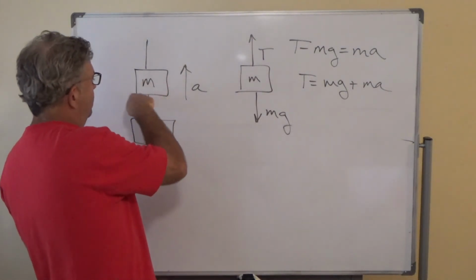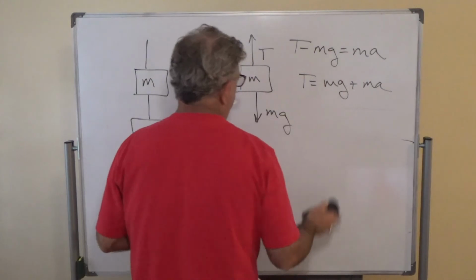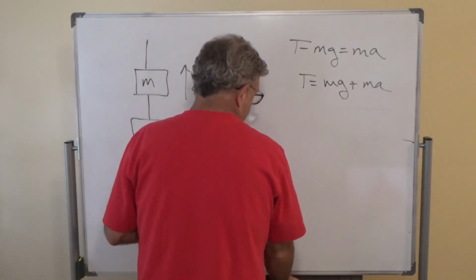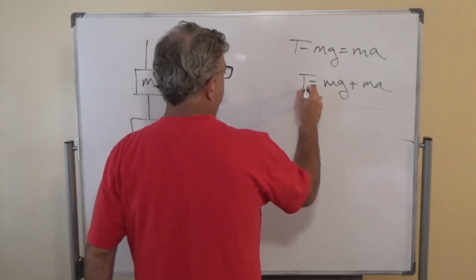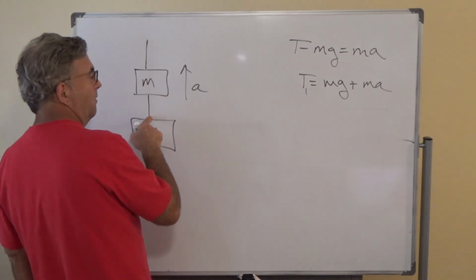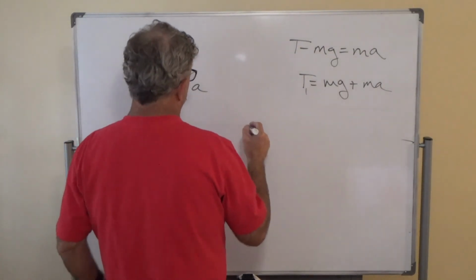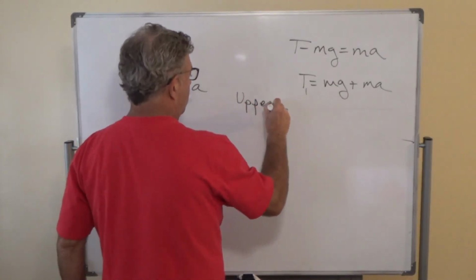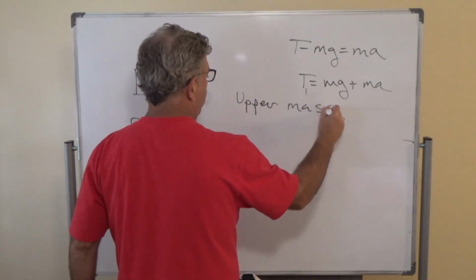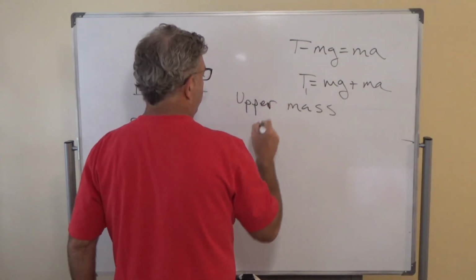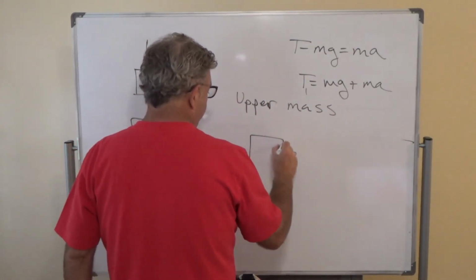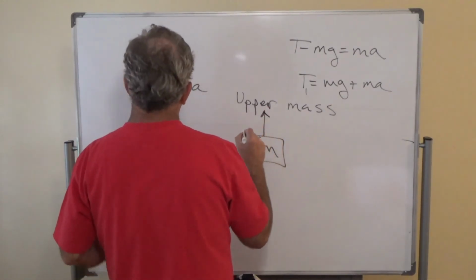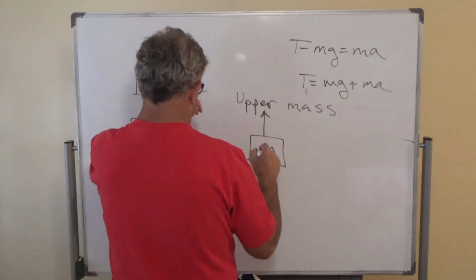Now let's look at this mass. For this one, I'm going to rename this T1. T1 is here. Now for the upper mass, if I draw the free body diagram, that's M. Then you have the support cable up here.